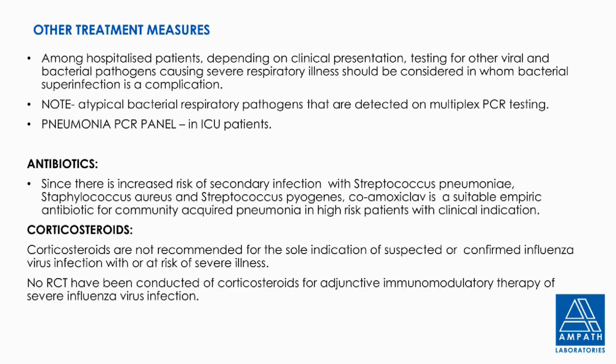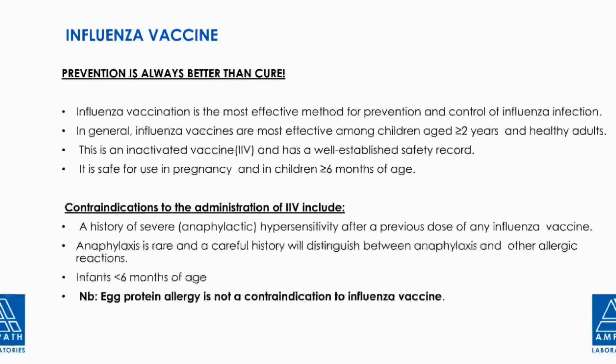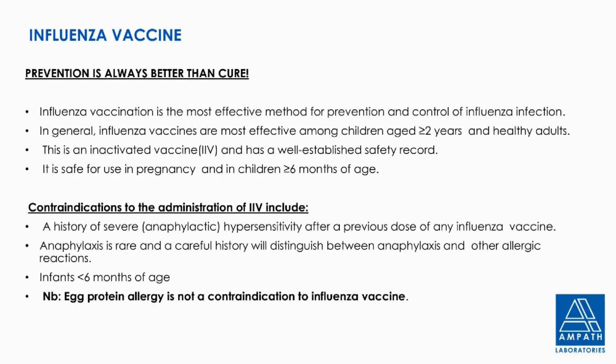And I think it's important to know that the randomized controlled trials that have been conducted on the use of corticosteroids said that they should not be used. There's no effect. I move on to the influenza vaccine.